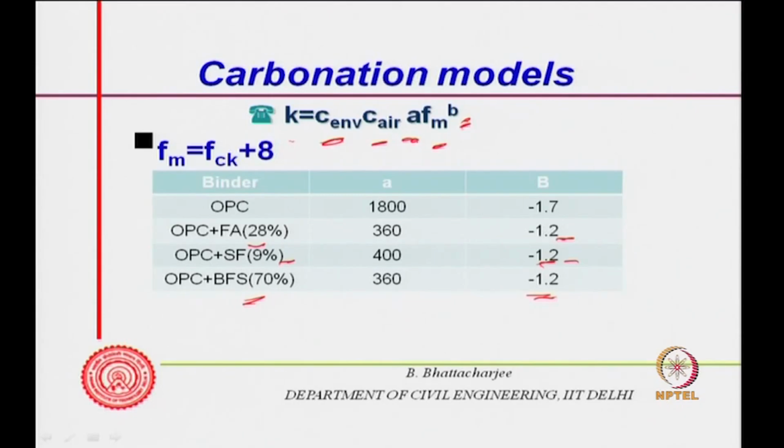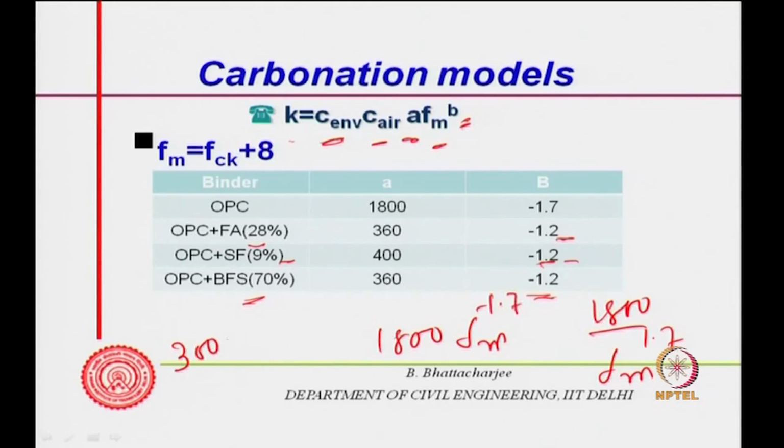If you calculate this, let us say 1800 divided by Fm to the power 1.7, you will find this K value comes out low compared to 300 divided by Fm to the power 1.2.